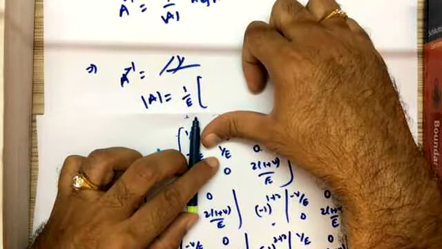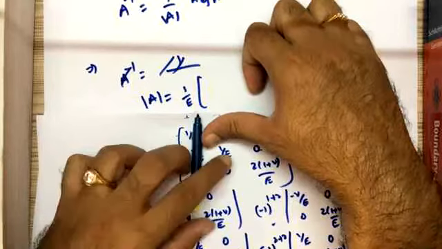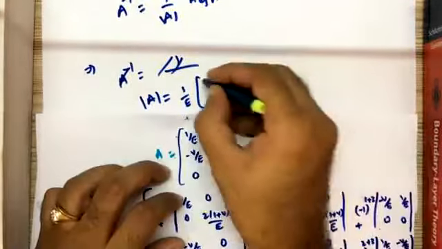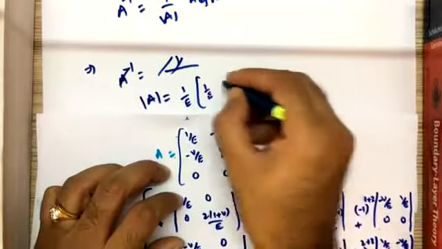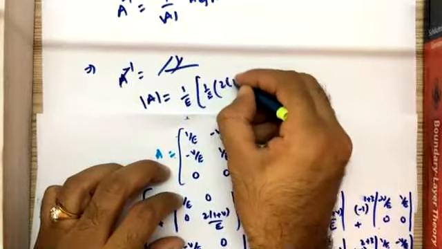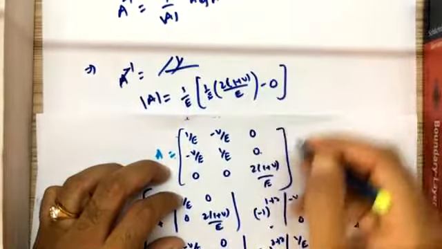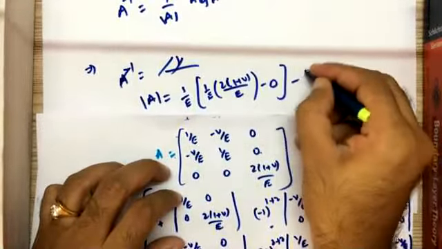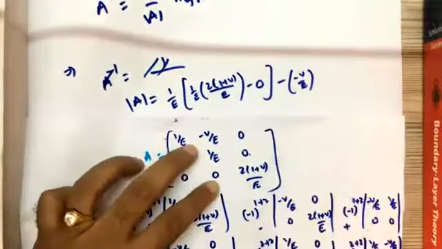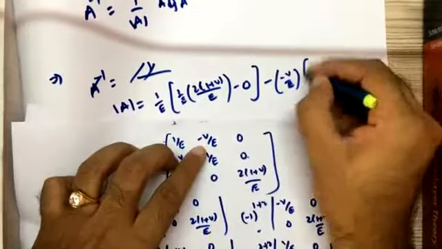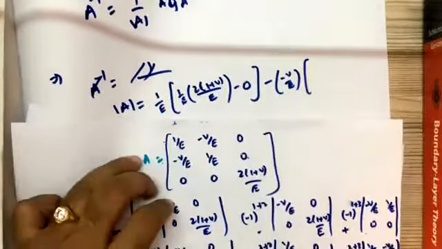So what happens? 1 by E into 2 into 1 plus nu by E minus 0 into 0 is 0. Minus of minus nu by E, because the second element you need to put minus. Minus of minus nu by E into what you'll get? You eliminate this particular row and column.